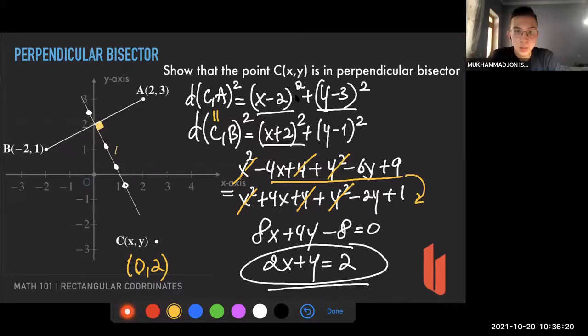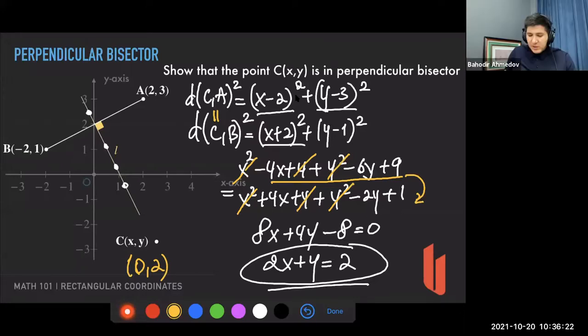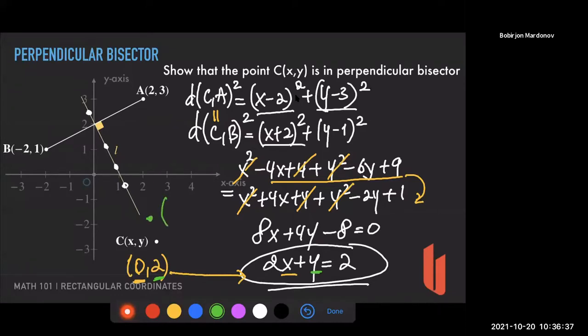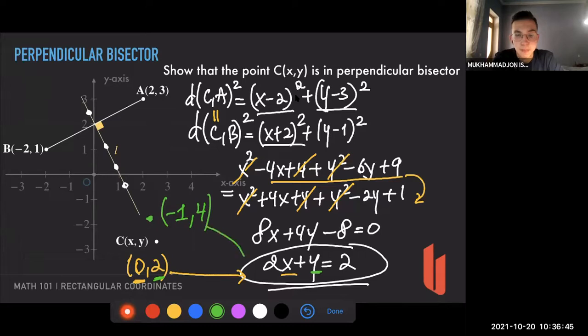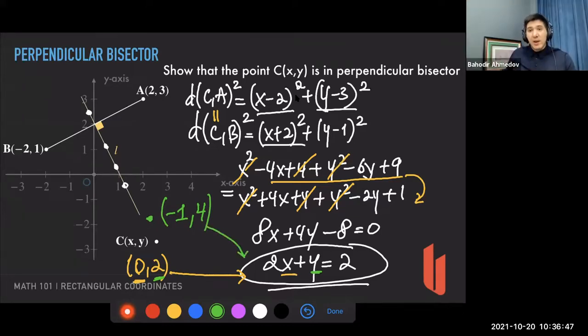Yes, because if you substitute x as 0 and y as 2, it is going to be 2 equals 2. This equation is going to be true, right? Or for example, another point with coordinates (-1, 4). Is it on the bisector? Yes, because if you substitute this here, it is going to be true again.